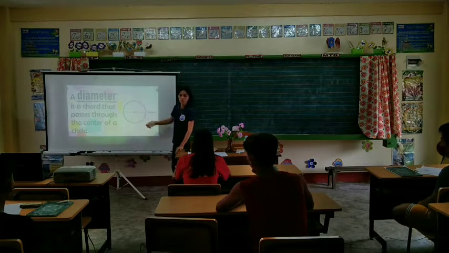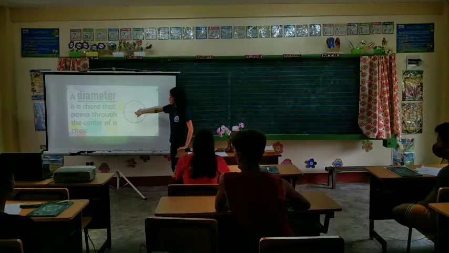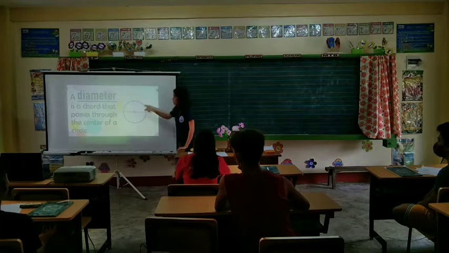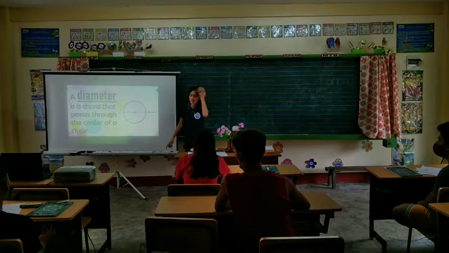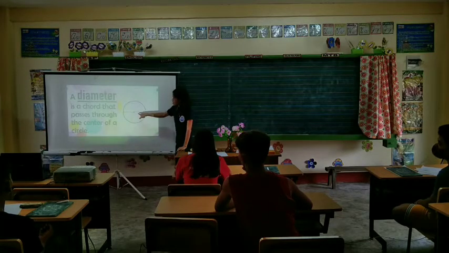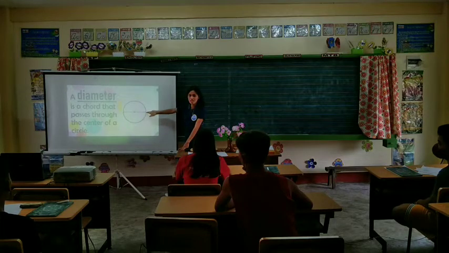If we can observe, a radius is from the center to the circumference or the bounding surface of a circle, right? Yes, ma'am. And so, as we can see here, a diameter is two radii forming a straight line. Right? Do you understand? Yes, ma'am.